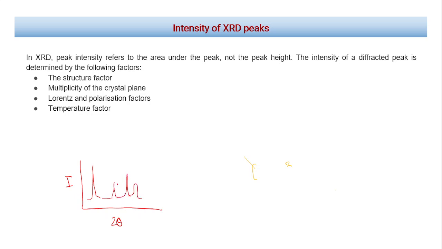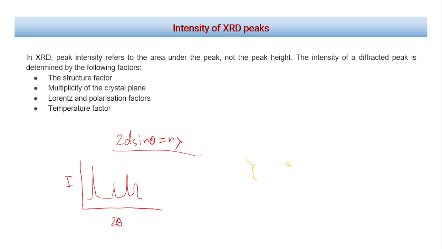Depending on what type of material, atom, or crystal the XRD experiment is performed on, the intensity of these peaks and of course the position of these peaks differ. The position depends on the particular material. We know that for an XRD peak to happen, the incident X-rays on the crystal planes should satisfy Bragg's condition.